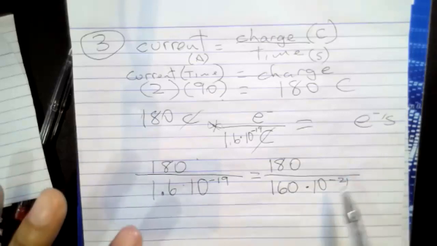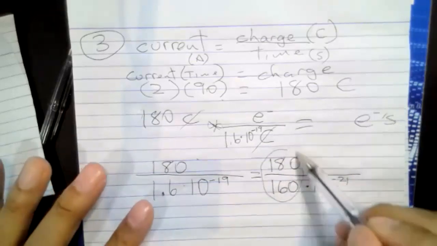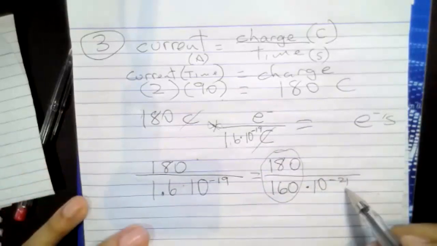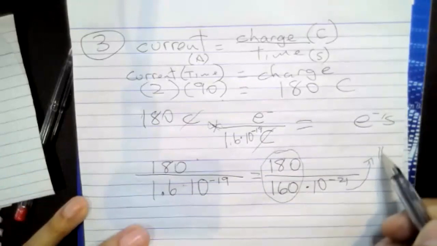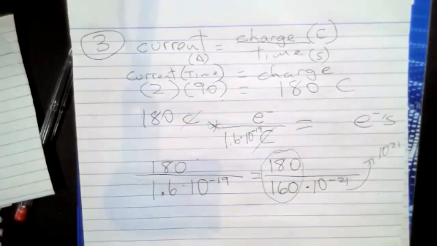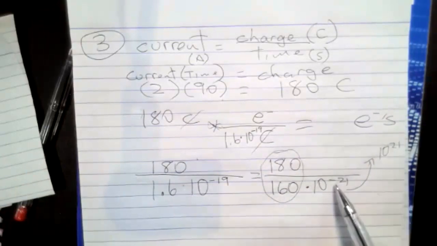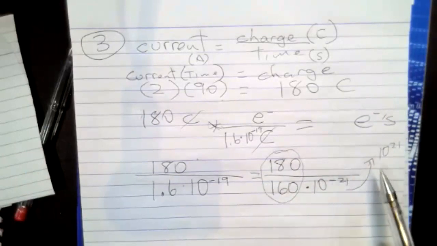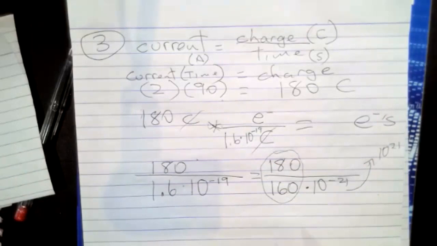Watch what this does. It makes this number approximately 1. And this becomes 10 to the 21 when you bring it to the numerator, because when you bring it upstairs, you have to change whatever sign there is on the exponent. So this is 10 to 21, and I know the answer is 1 times 10 to the 21. And I just look for something that's close to that. The answers are so far apart.